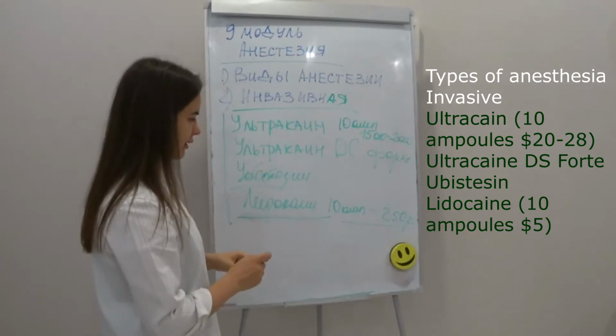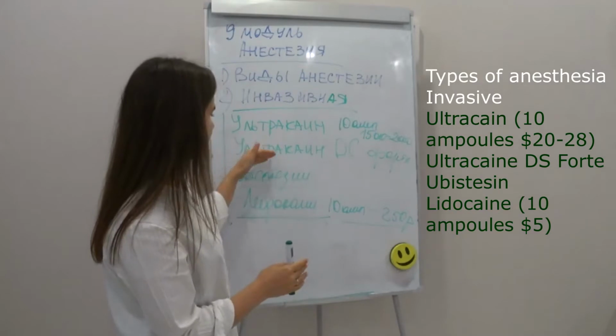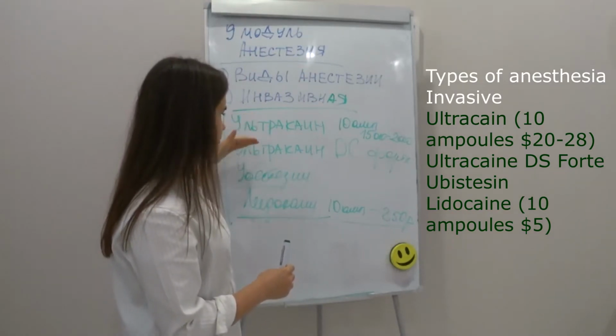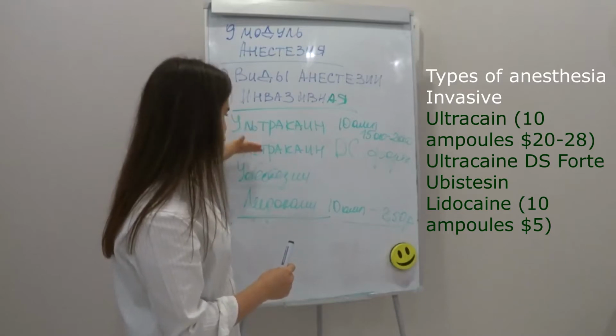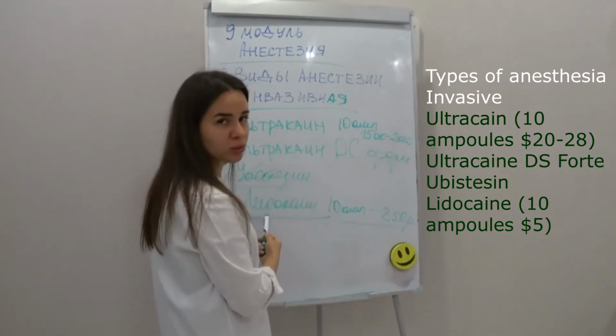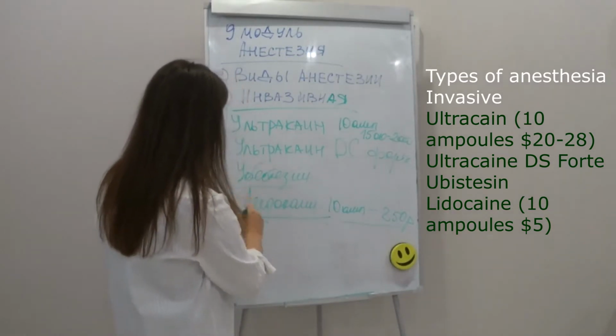If a person has anaphylactic shock, it can be from any drug, but here, due to the fact that the drug has suppressive agents, it will not be here. And here it may be. Therefore, we don't use this drug.